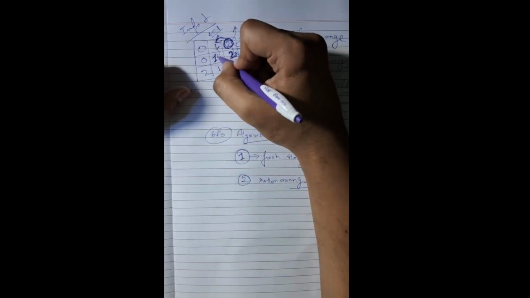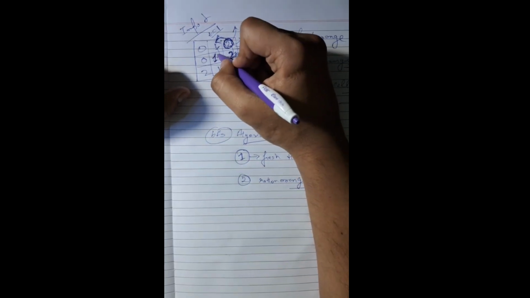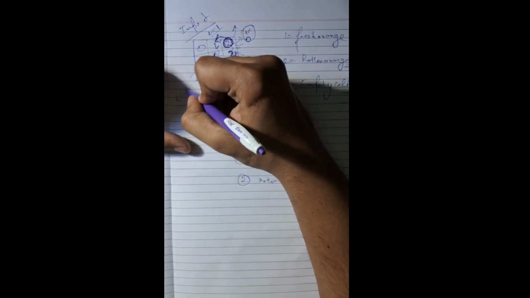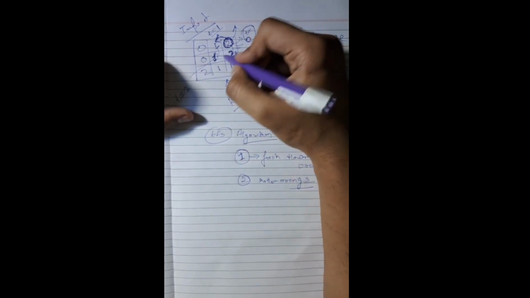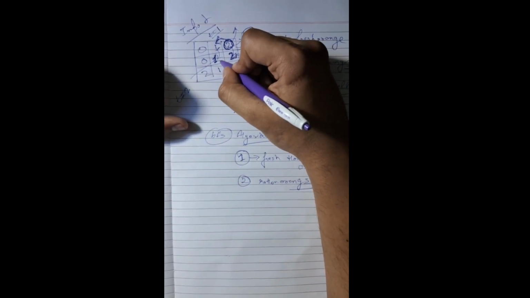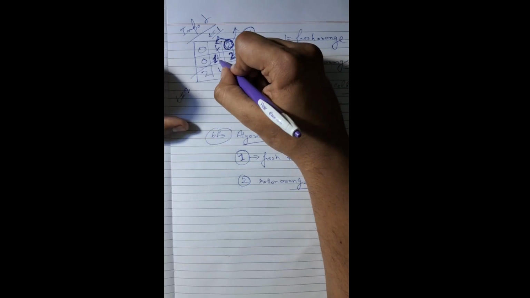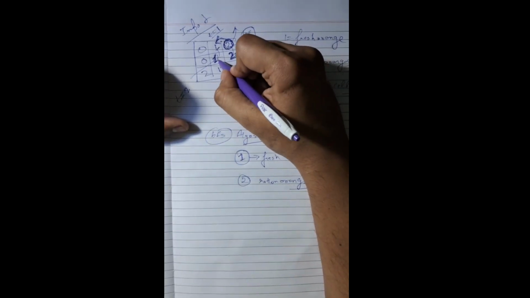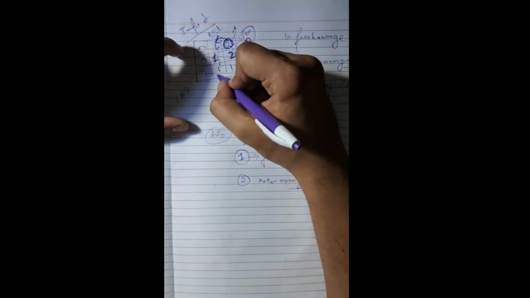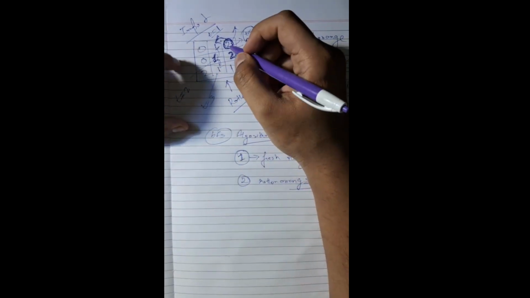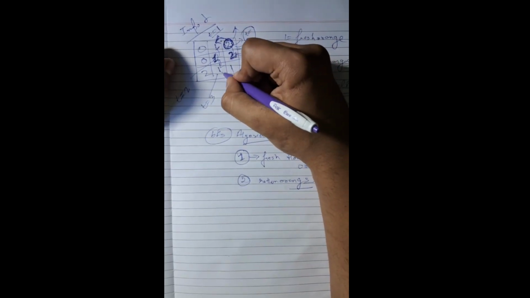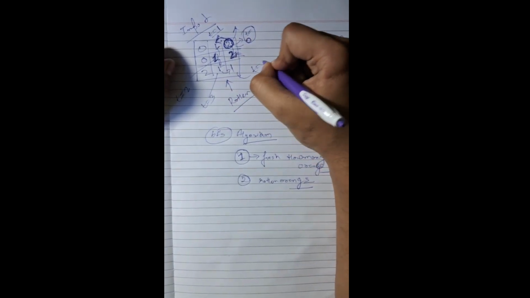If you see, at the neighbor of this one, 1 is present, so we come to this, and the time increases to t equal to 2. In the same way, we go to the next neighbor and see if a 1 is present. You can see that here the 1 is present, so the time increases again to t equal to 3, and then to 4.